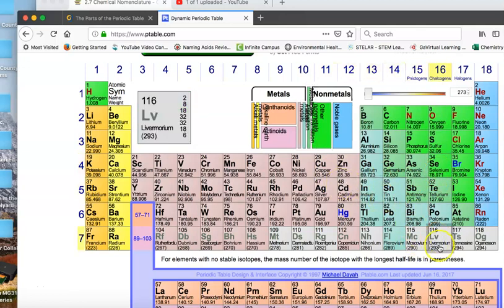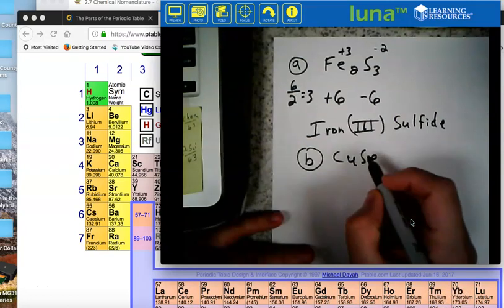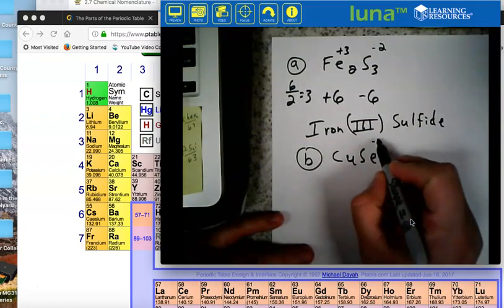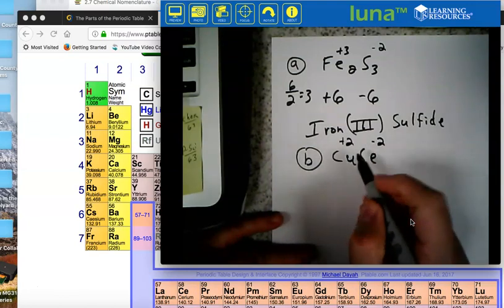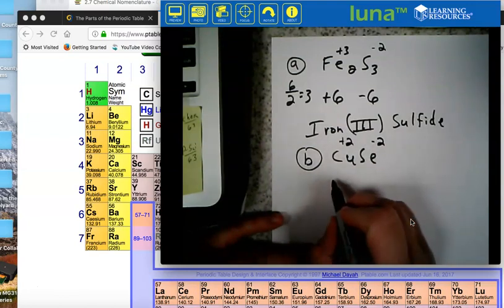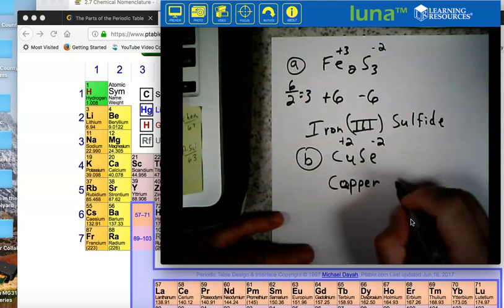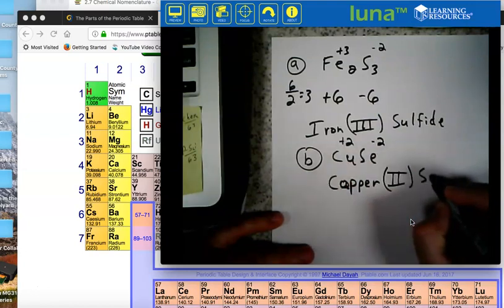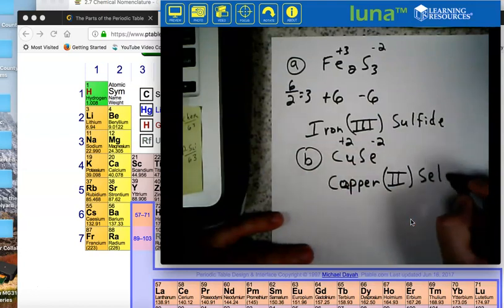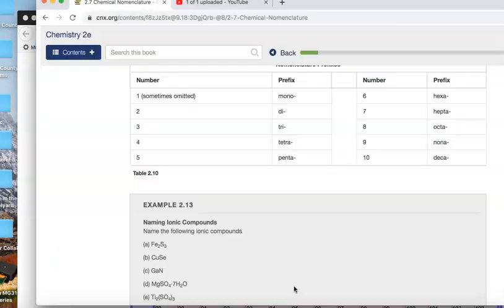We don't know what the charge is for this copper, but we know selenium has a -2 charge. So copper must have a +2 charge. It's a 1-to-1 ratio there, so it's just going to be copper, Roman numeral 2, because that's its charge. Selenium becomes selenide. Okay, so copper(II) selenide.